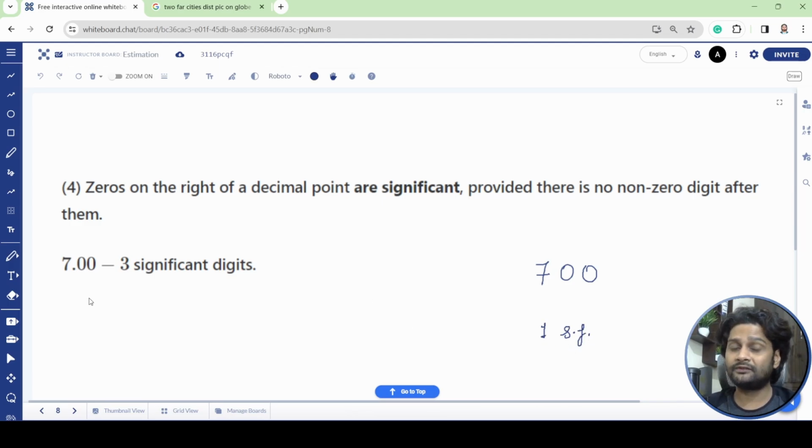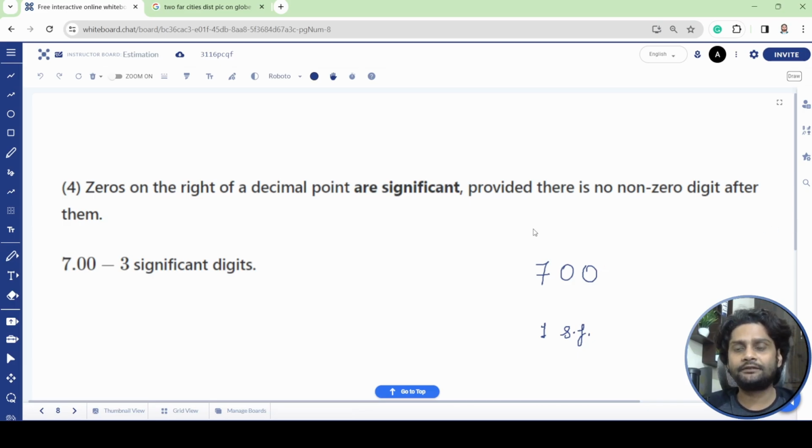But students, if it's a decimal number, the rule changes. Even though we have trailing zeros after the decimal, they are considered to be significant. So there are three significant figures. That is where it's a kind of exception. Just remember that in a whole number, trailing zeros are not significant, whereas in decimals, trailing zeros are significant. It will be clear to you when I show you examples.